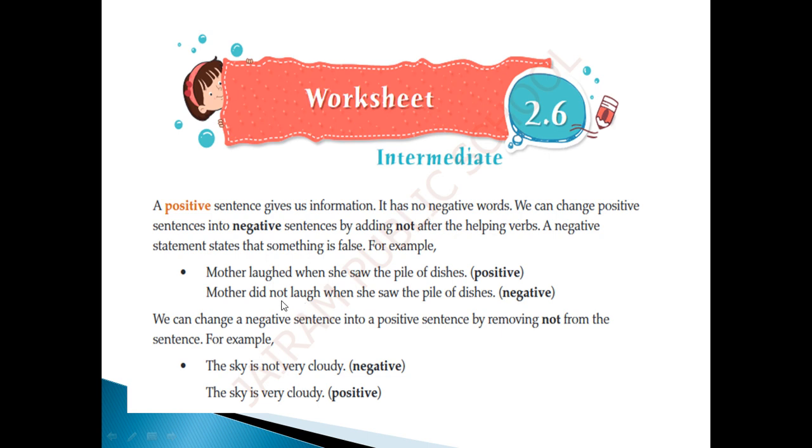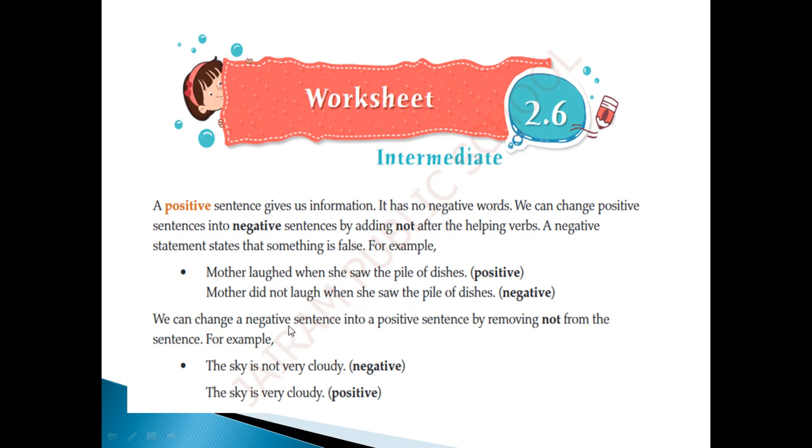When you write mother did not laughed, that is wrong. You need not to write like that. So you write mother did not laugh. Can you get me, my dear children? When did comes, the next verb should be present. So the negative form of the sentence is mother did not laugh when she saw the pile of dishes.